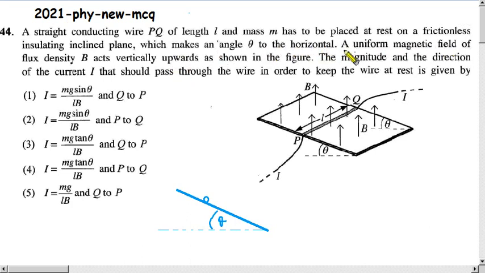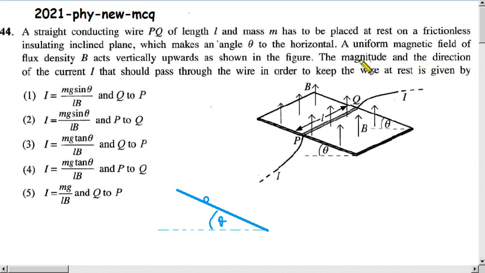A uniform magnetic field of flux density B acts vertically upwards. The magnetic flux density is upwards as shown in the figure.